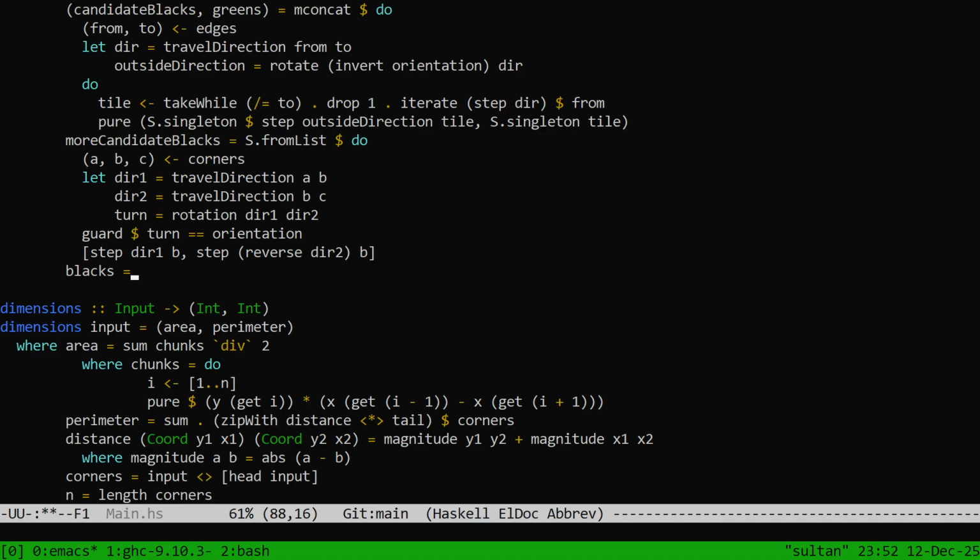So then we can just say blacks is candidate blacks, more candidate blacks. That's probably a difference operator, I'm pretty sure. Although I want to subtract two things. I want to subtract the reds and the greens. All right, let's look up the docs for data set real quick.